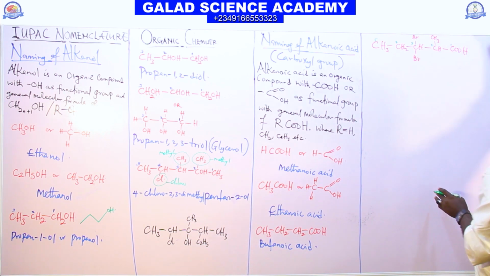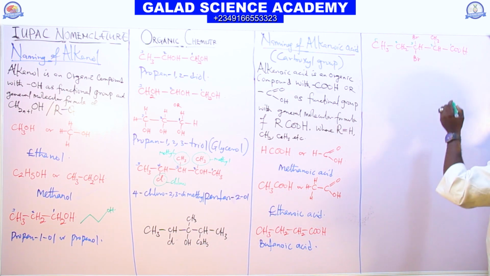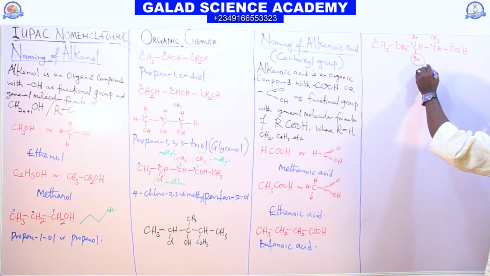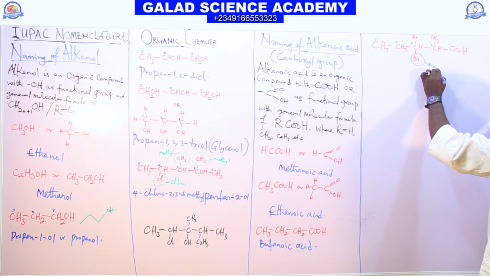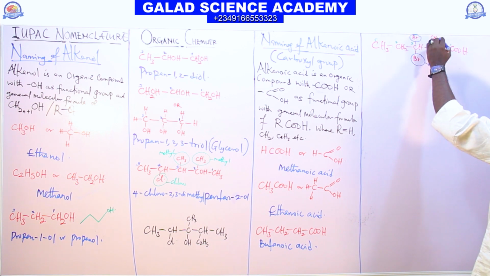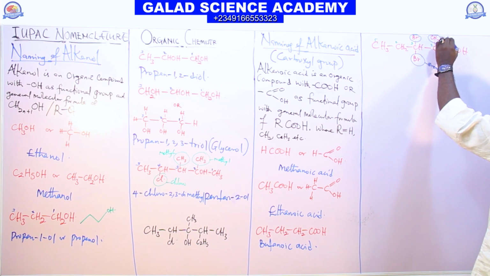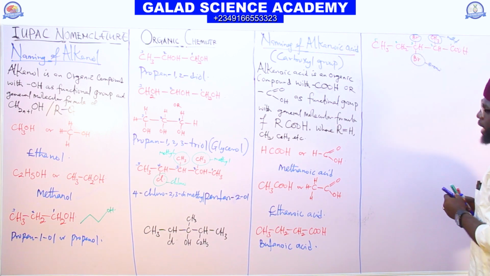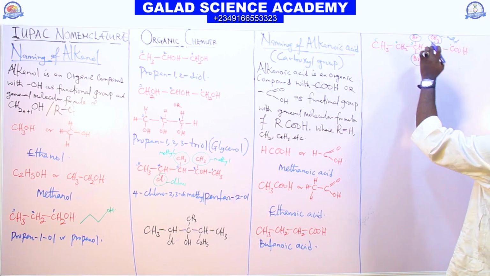So what we do now? How many substituent groups do we have? We have 3. This one is bromo, this one is also another bromo, and this one is methyl. Then, 1, 2, 3.